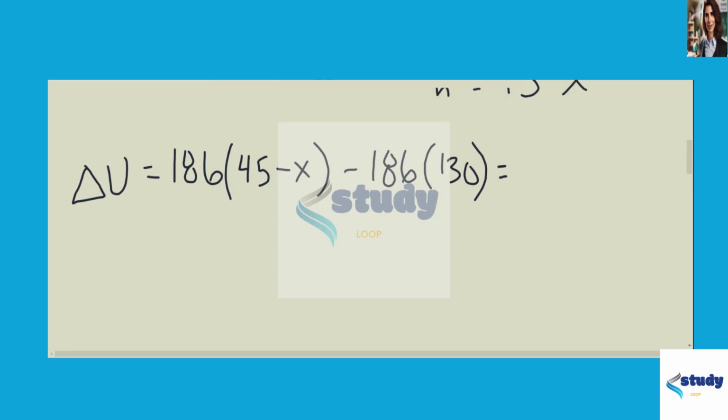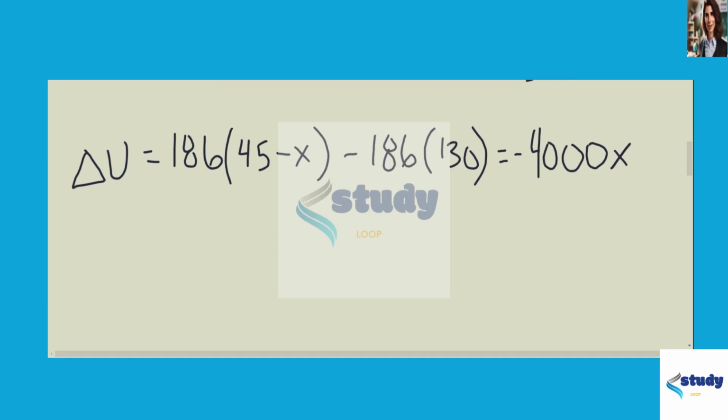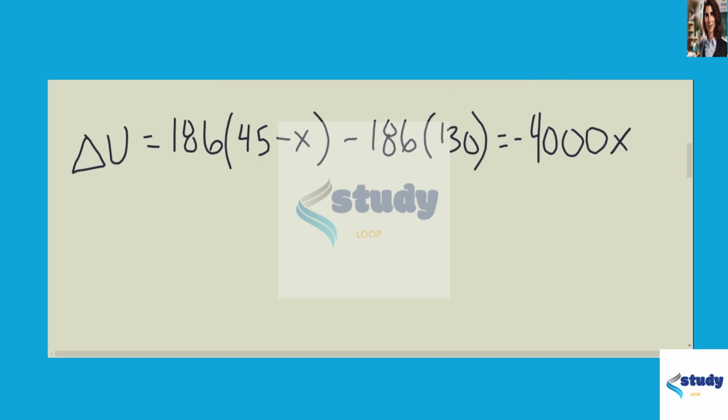Now that's equal to negative 4,000 times x. Now all we have left to do is solve for x, doing a little bit of algebra. So I'm going to do a couple steps in one here. You should be able to do this algebra on your own, but you can check your answers with me.